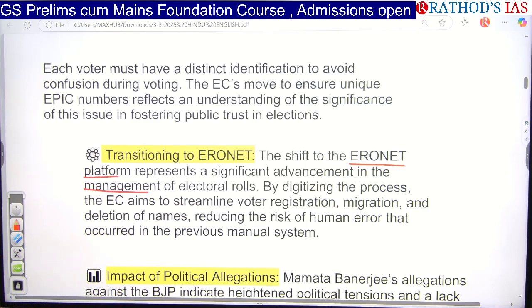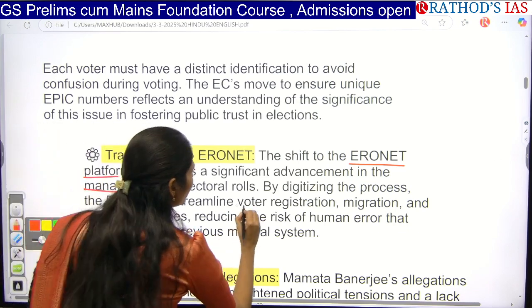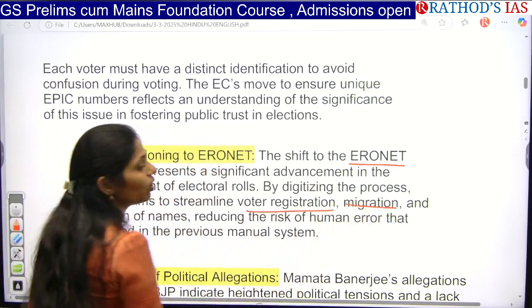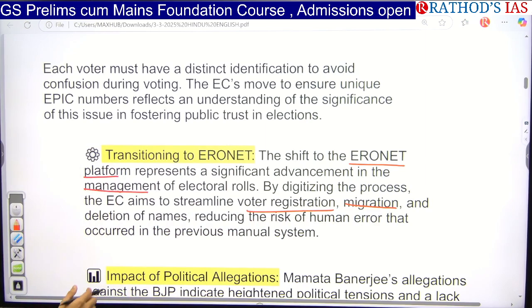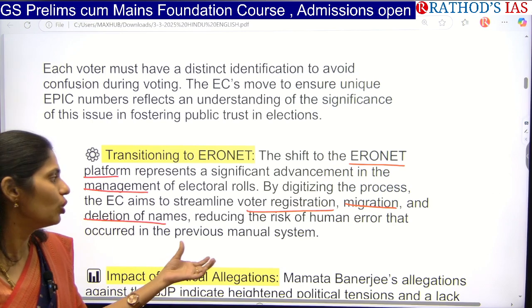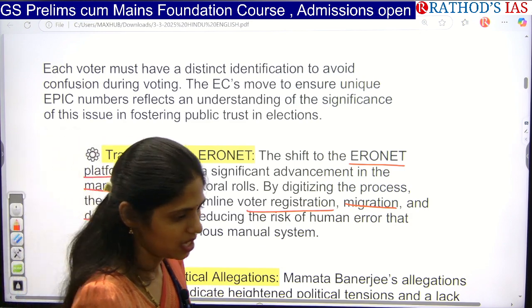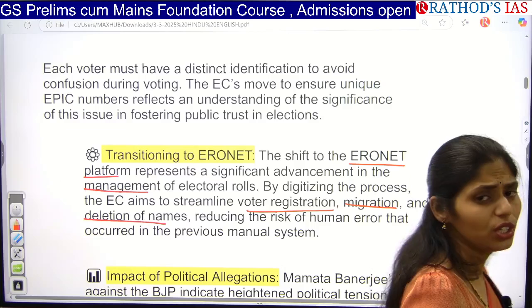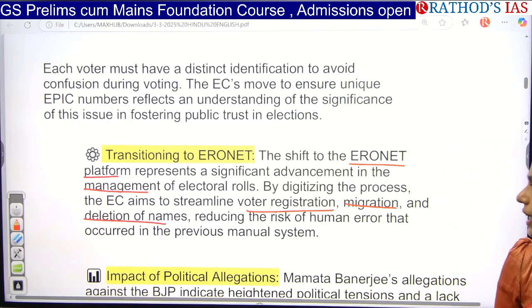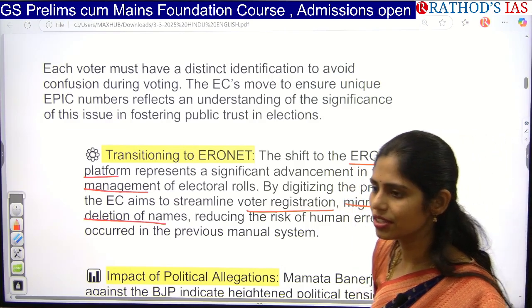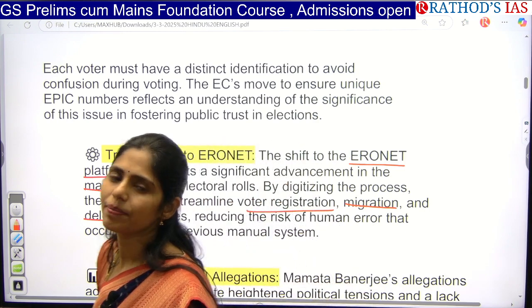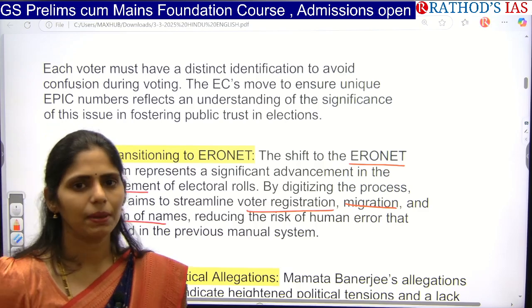And actually we are going for digitalizing this process. The Election Commission wants to streamline voter registration, and they want to capture migration details as well as deletion of names, so that they reduce human errors which occurred in the previous manual systems. If you see your voter IDs, especially for people who were registered before this digitalized era, they used to write everything on paper, that is manual work.